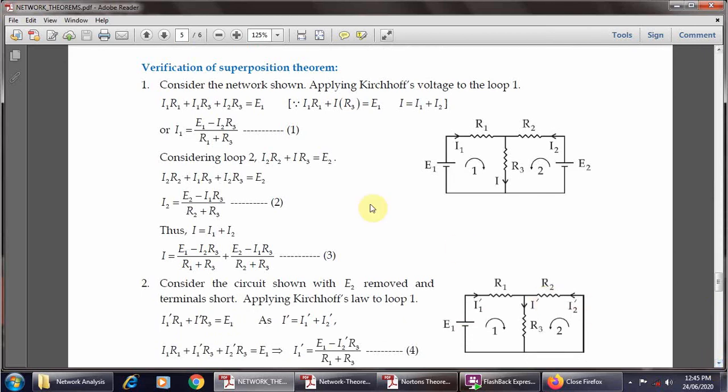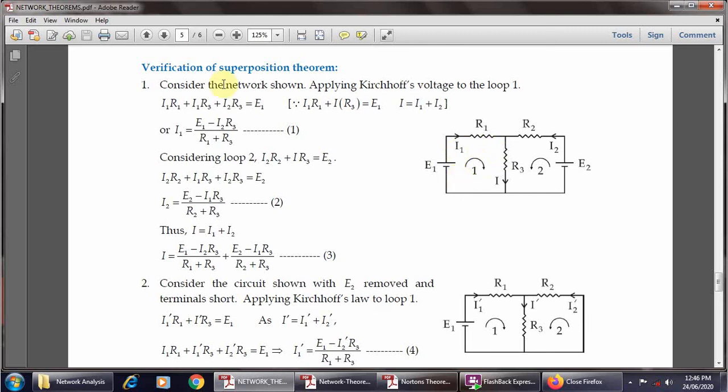In the verification of the superposition theorem, the main circuit is given here, where E1 is present and E2 is also present. Due to E1 and E2 the currents flowing through the circuit are I1 and I2, and both meet at this node, and the total current flowing through the circuit is I1 plus I2, which flows through R3, which is I. Therefore, considering the network, we apply Kirchhoff's voltage law to loop 1.